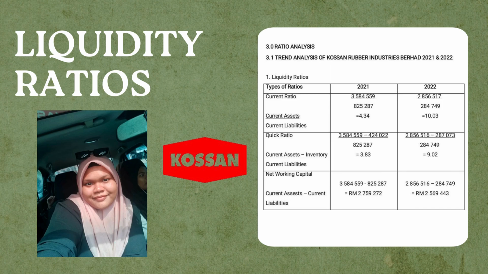Net working capital increased from 2,059,272 to 2,569,443 in 2022. Being higher, it may mean the company is not leveraging current assets with optimal efficiency.